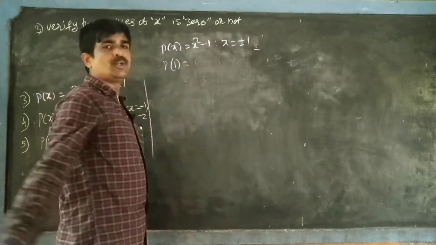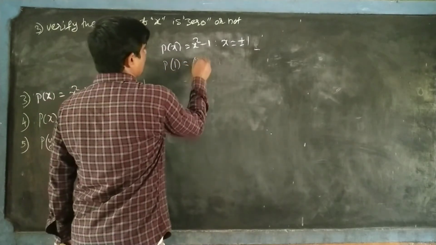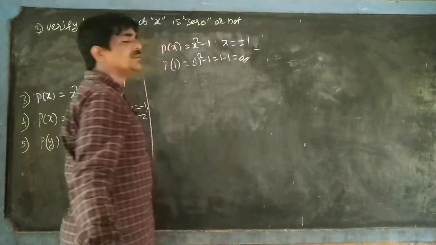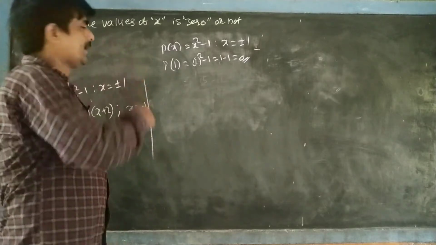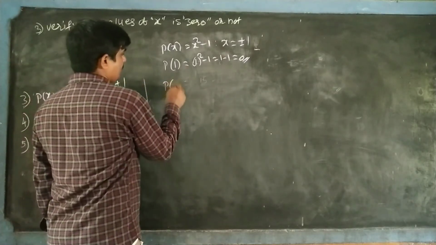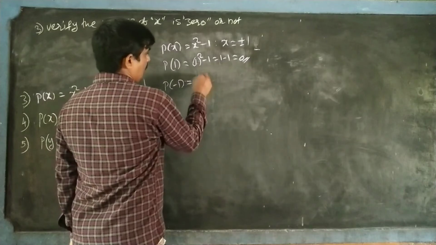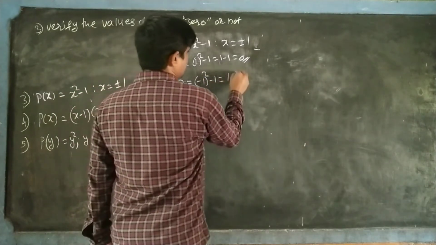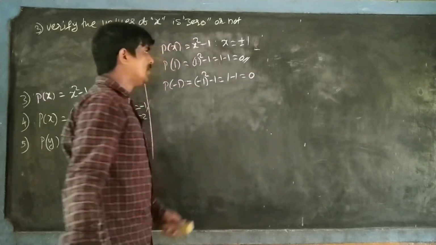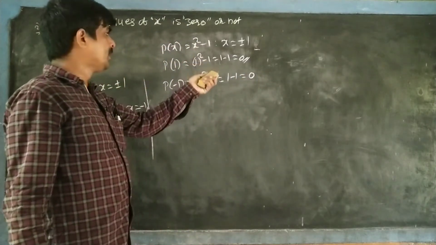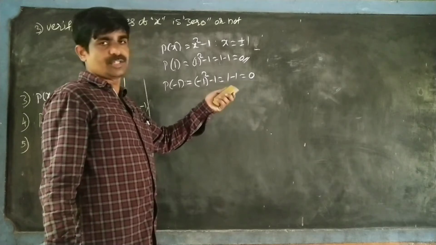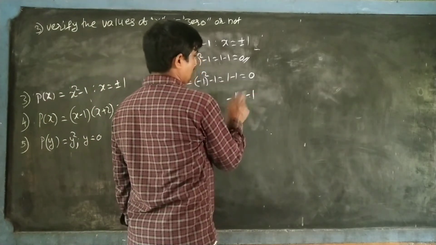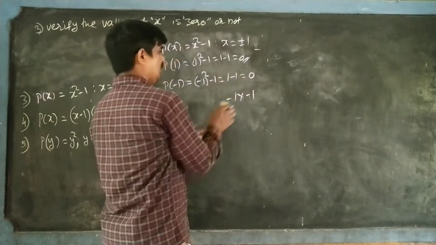P of 1 is equal to 1 square minus 1, that is equal to 0. Next, P of minus 1 is equal to minus 1 whole square minus 1, that is equal to 1 minus 1, that is also 0. Minus 1 whole square is equal to 1 only, since minus into minus is plus. So that is equal to 0.